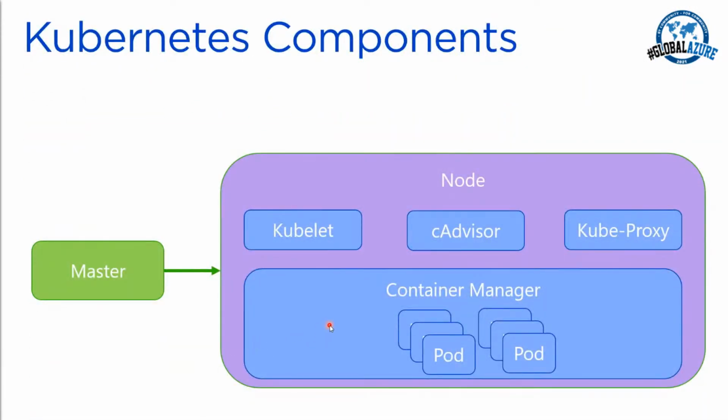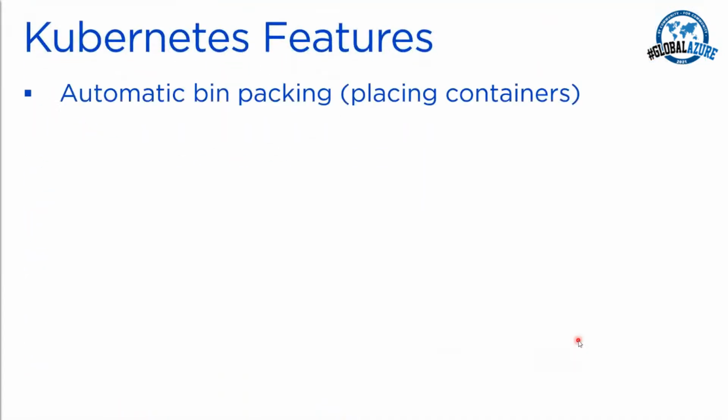Inside the node, we have the kubelet, which is actually the agent running the whole thing. We have the cAdvisor, which is there for controlling the resources, how much CPU, RAM, etc. you're getting for your instance. We have the networking proxy, and then we have the container manager running those pods. As you have already seen, I'm going through it really quickly.